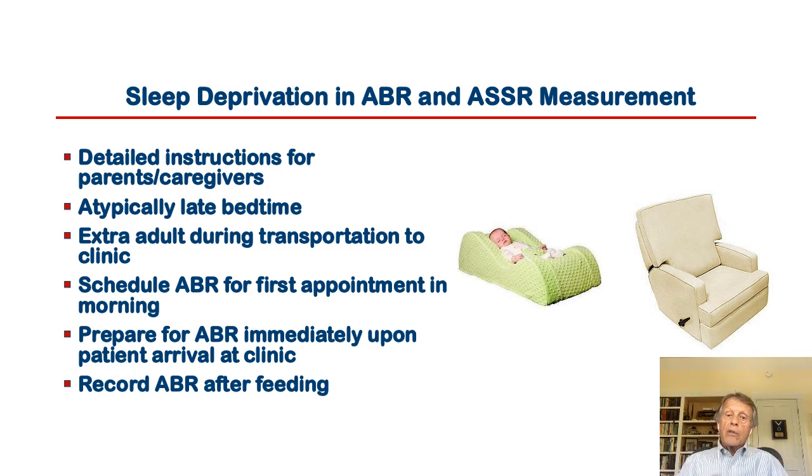Of course, the younger the child, the younger the infant, the more likely they will fall into deep sleep. So sleep deprivation and natural sleep does work for more than 50% of all babies. And the younger the infant, the more likely you will be able to record a quality ABR with very little background noise, very little muscle movement, in any environment, whether you're in the clinic or wherever you might be.